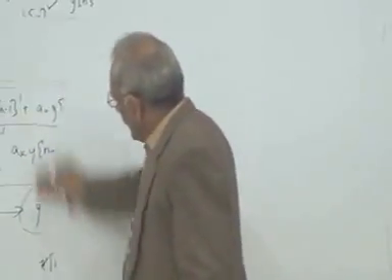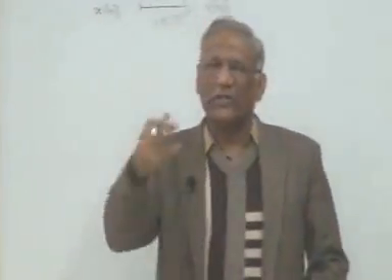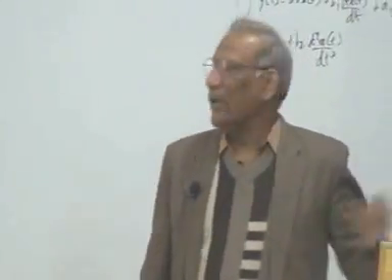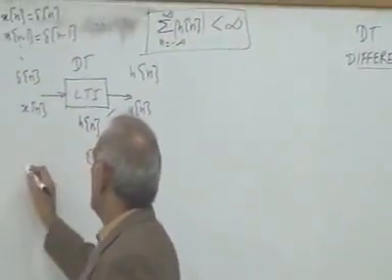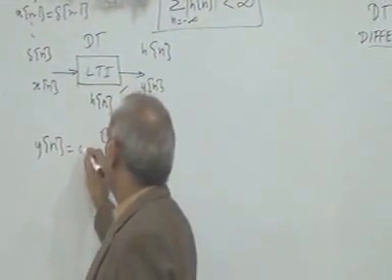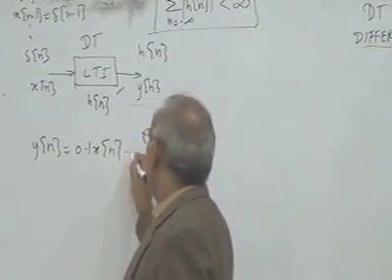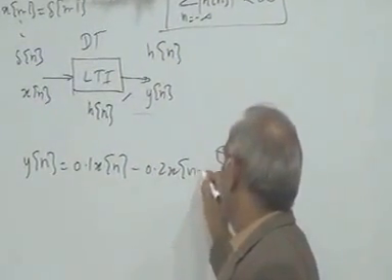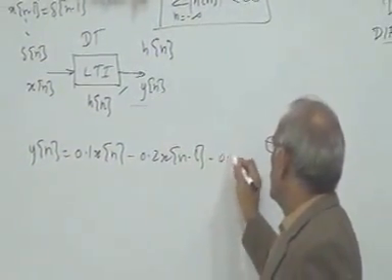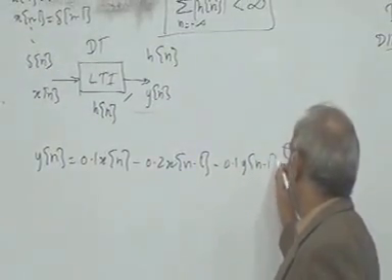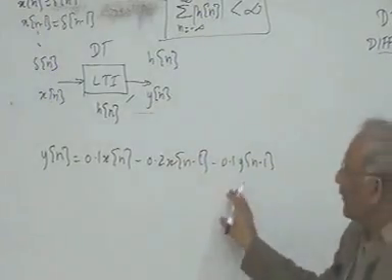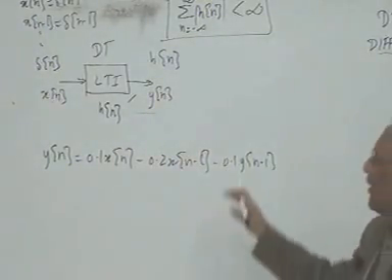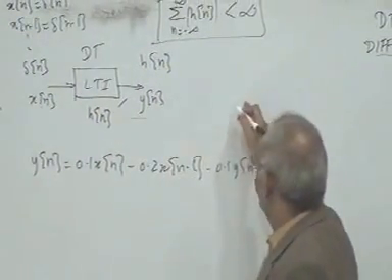Even if we have a single feedback term in your difference equation, something like y of n is equal to 0.1 x of n minus 0.2 x of n minus 1 minus 0.1 y of n minus 1, even if a single feedback term is there, it will make your impulse response h of n IIR.